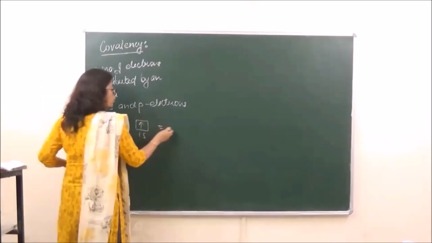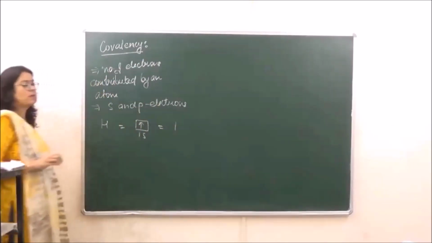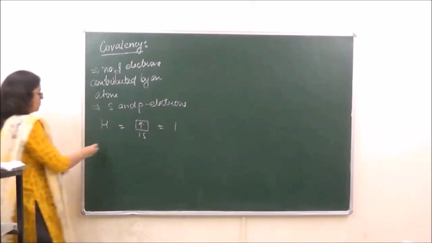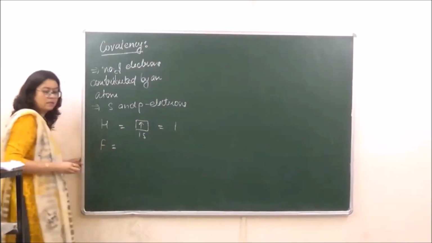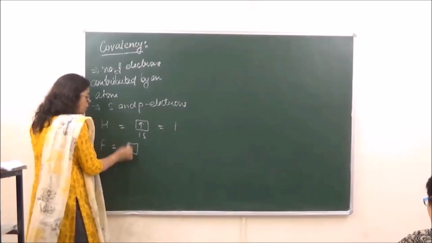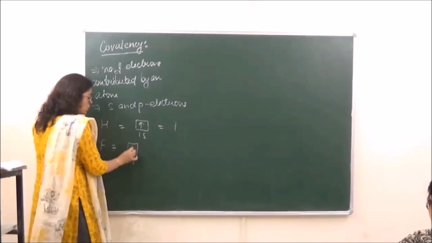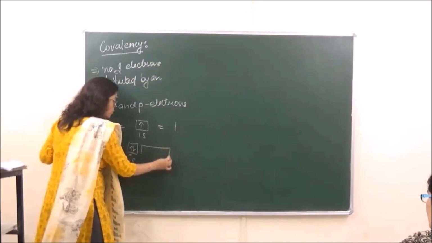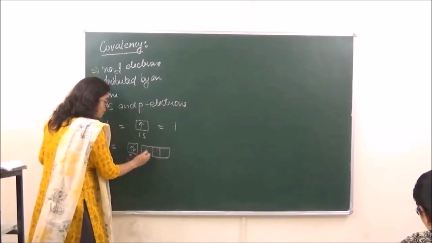So what is going to be the covalency over here? The covalency will be 1. Similarly, if we are talking of fluorine, fluorine has the electronic configuration of 2s2, 2p5.